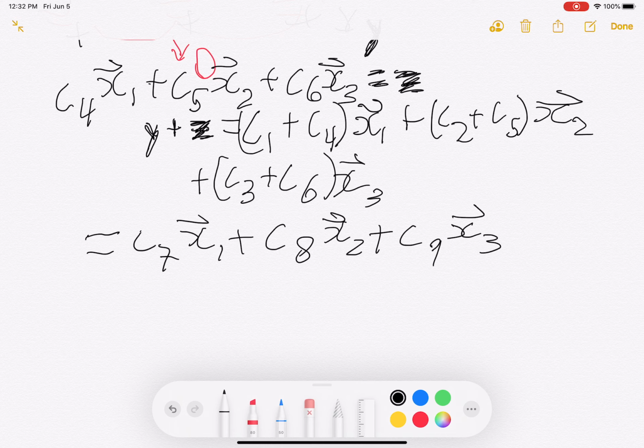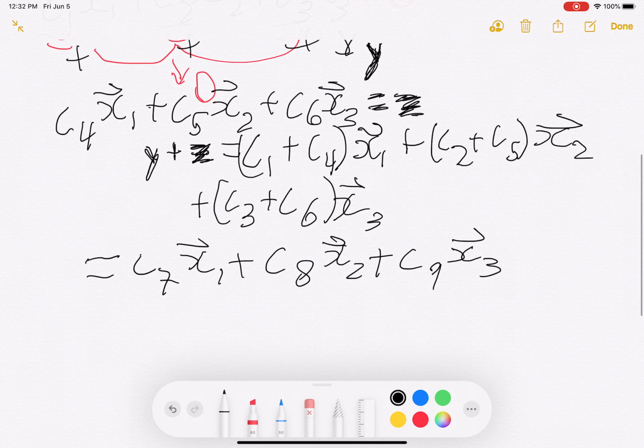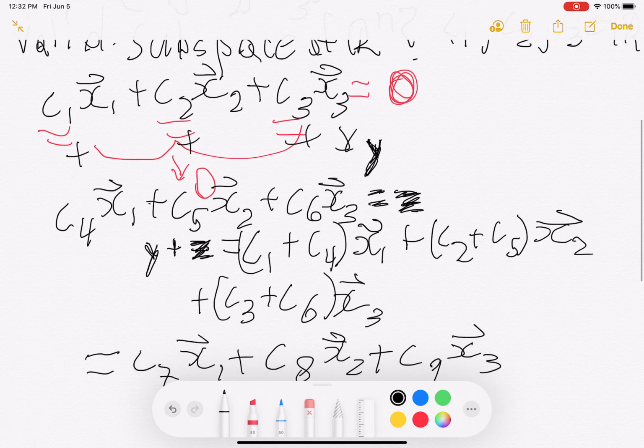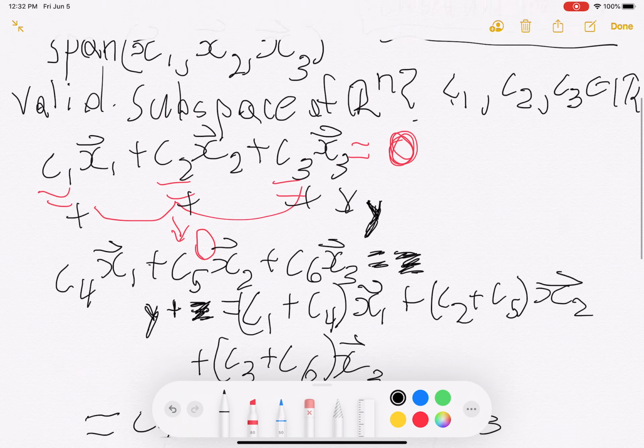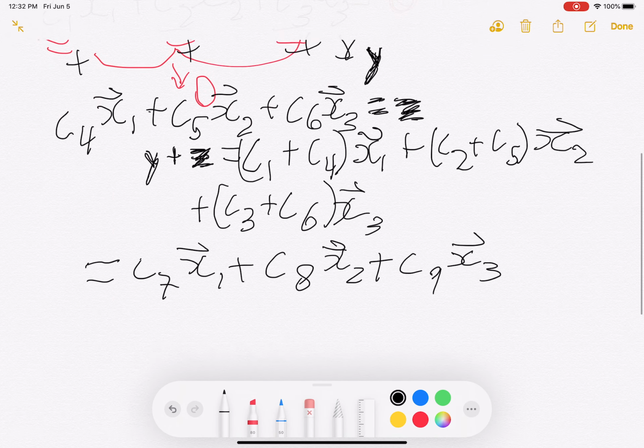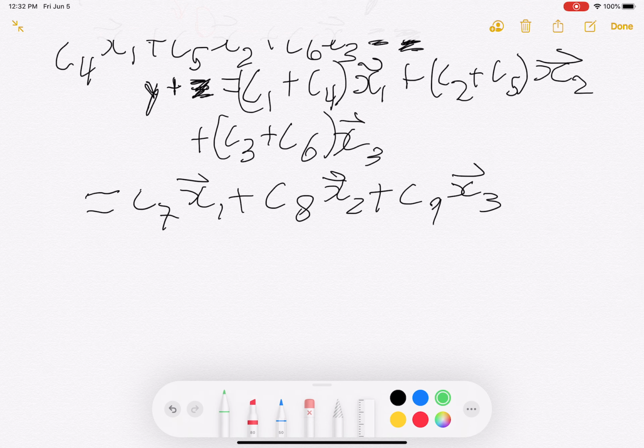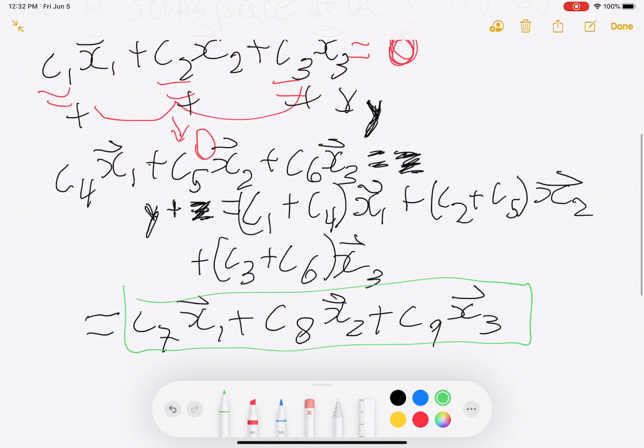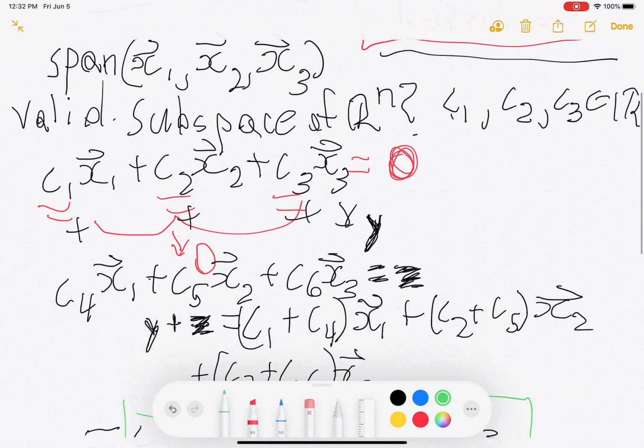They're just arbitrary scalar constants scaling our vectors here, right? And this is obviously a member of our span. So we can say that this is actually closed under addition, believe it or not. This is a really good thing to understand, and it gives you a lot of intuition behind what span really is.